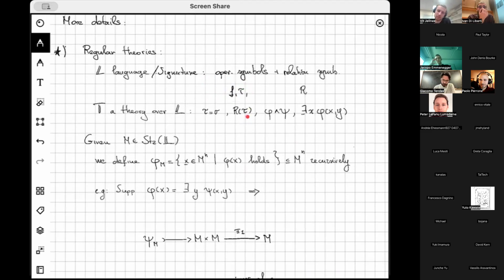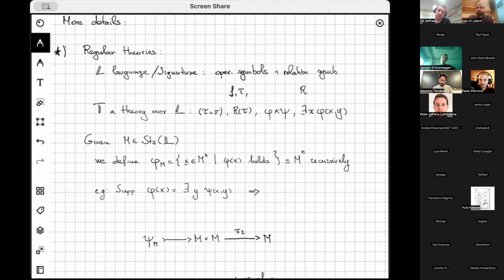Out of this, you can build terms, and after you have terms, you can build formulas. And formulas can be of this kind. You can have equations between terms. You can have relations applied to terms, and then you recursively construct conjunctions and existential quantification.